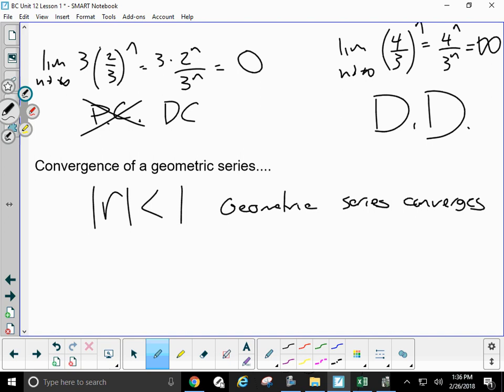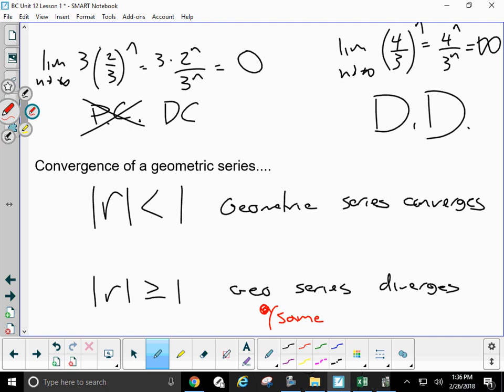And, which can be shown with the nth term test, if r is greater than or equal to 1, the geometric series is going to diverge. And it's really the same as the nth term test. You could just show the same thing.